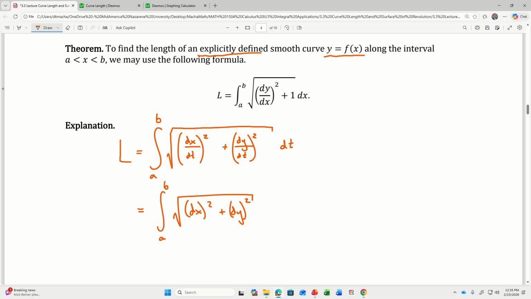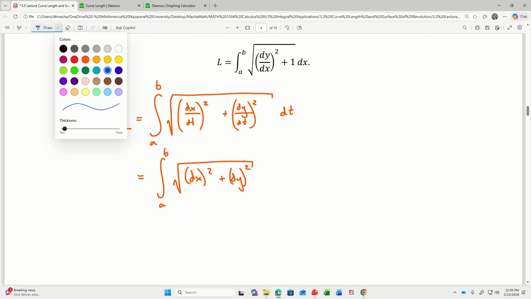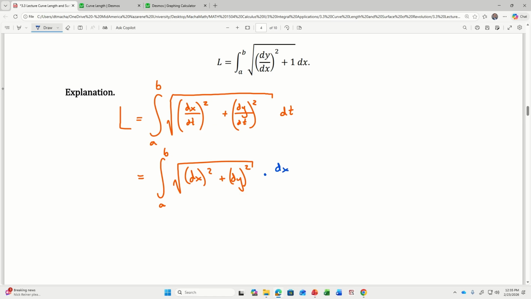And then what you would want is to multiply everything by dx over dx, which is like multiplying by 1. Multiplying by 1 never changes the value of anything. But what we'll do is distribute the denominator inside the square root, and distributing the denominator dx inside the square root makes it squared.